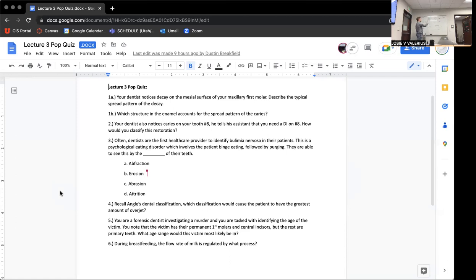While we're on the topic, what would happen if we got a cavity starting right here on the side of the tooth? It's opposite, so it's inverted first. Right, so it starts as an inverted triangle here. And then what does it do once it hits the DEJ?